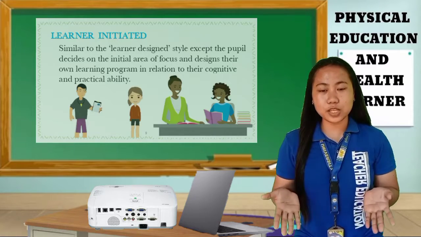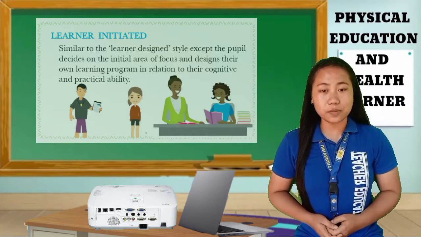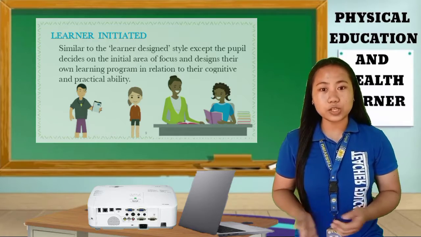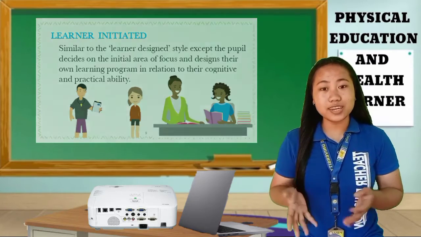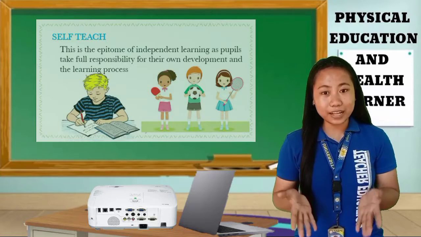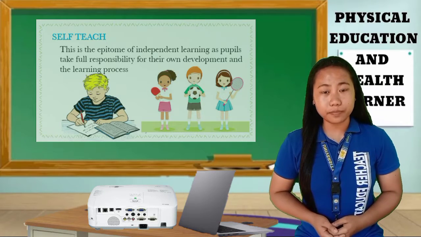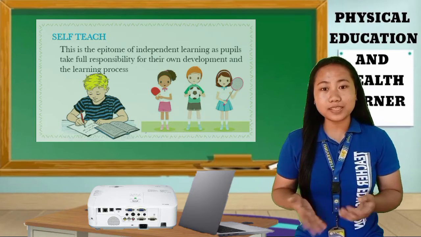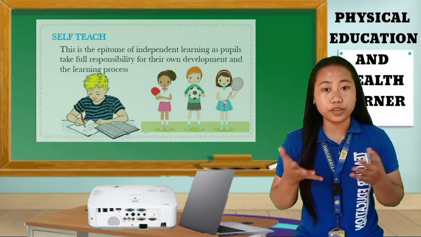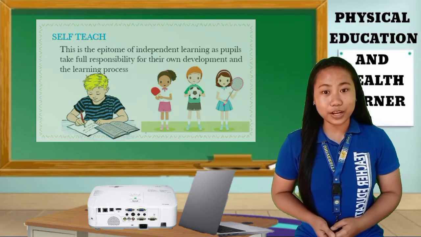Let's now proceed to the last student-centered teaching method in physical education and health teaching, which is the self-teach. Self-teach is an epitome of independent learning as pupils take full responsibility for their own development and learning process.